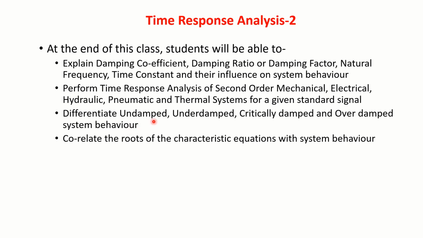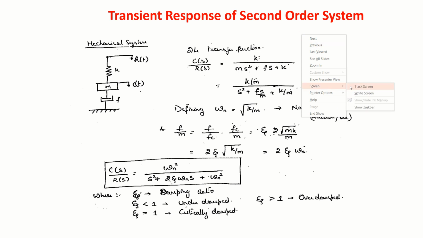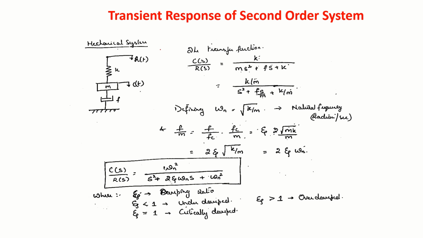Let us differentiate between undamped, underdamped, critically damped, and overdamped system behavior. Okay, correlate the roots of the characteristic equation with system behavior. So now, let me consider a mechanical system.